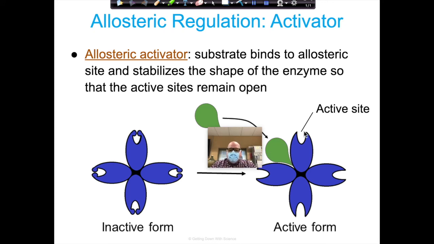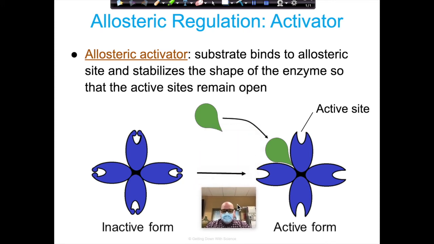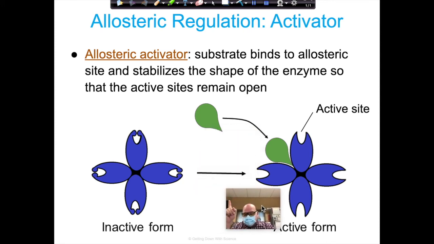And when it does that, the shape of the active site opens up. And so right above me, you can kind of see that active site hole right there. And now that enzyme is ready to do its job. So this would be an enzyme you don't want to act until the activator shows up. So this one here doesn't turn on until the activator shows up.